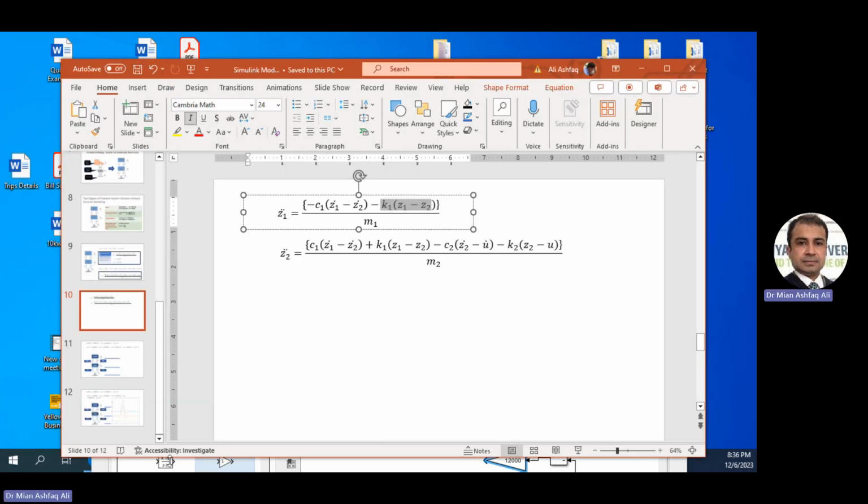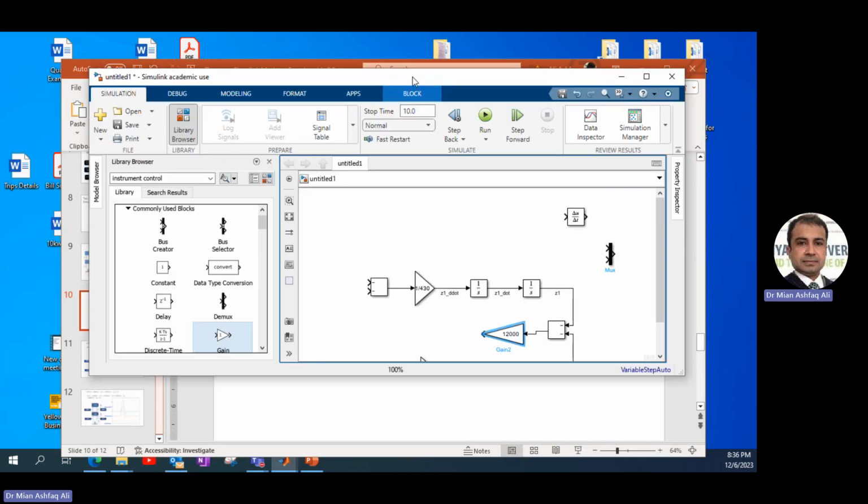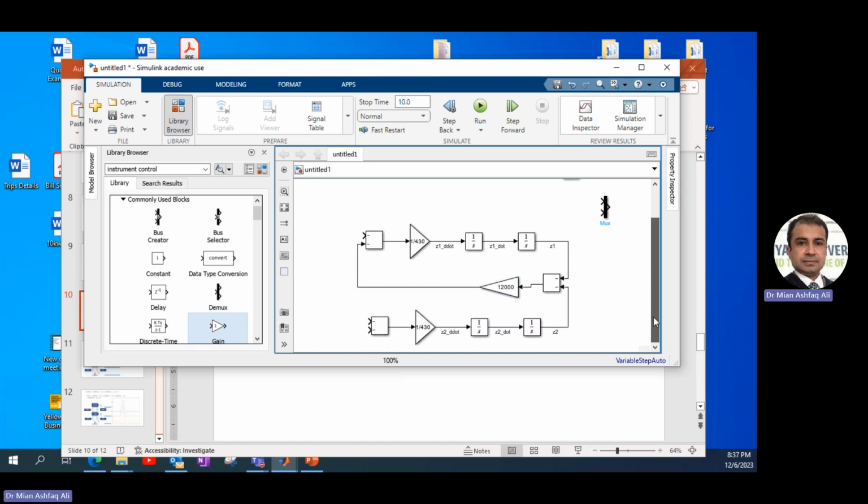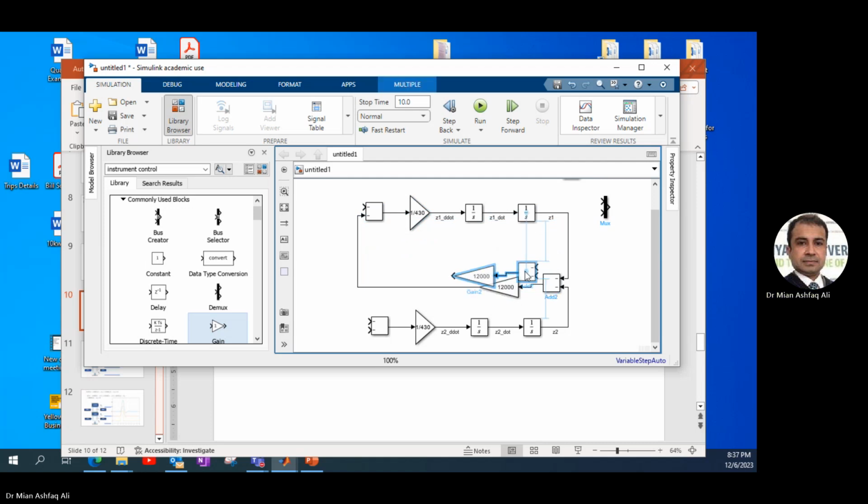This is the force that I have made from a different combination of different signals, and then I can take this and connect it here. Similarly, I can copy this and place it here, and instead of Z1 and Z2, I can connect this Z1 dot minus Z2 dot.